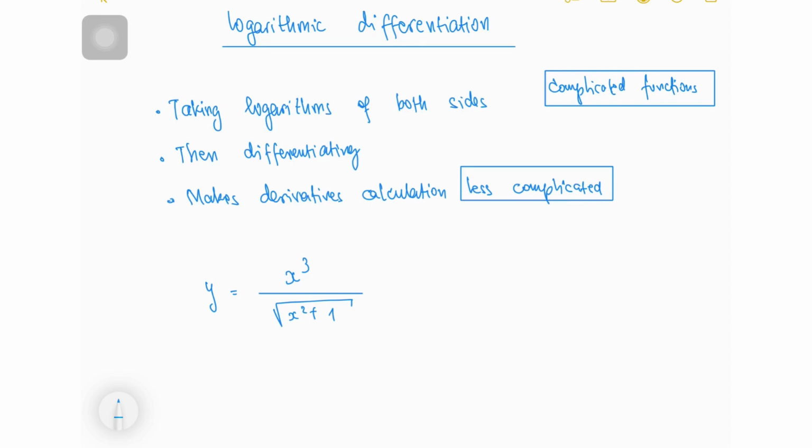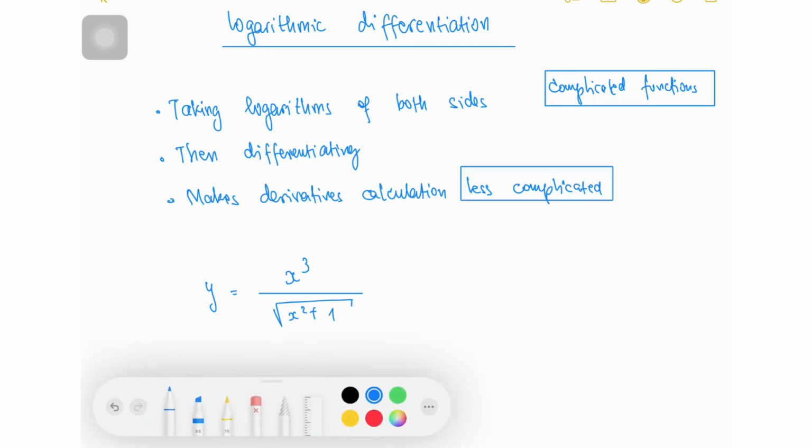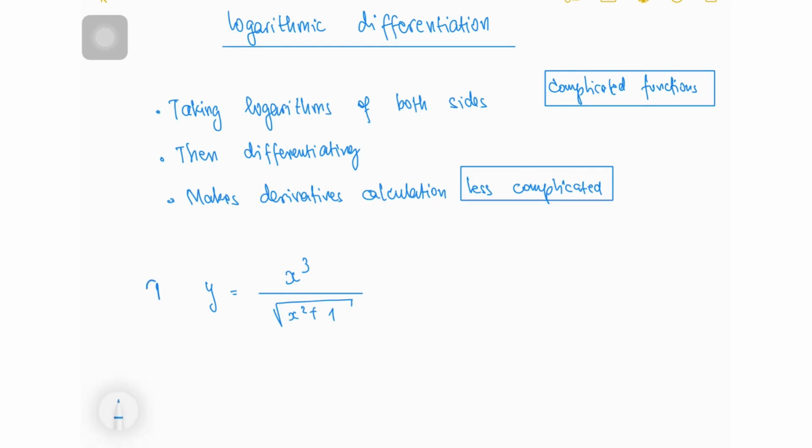And then after further simplification, we return the substitution and anti-logarithm so that we obtain the final result of differentiation. The whole goal of that is basically to make derivative calculation less complicated, because some functions can be hard to handle with the usual differentiation rules.